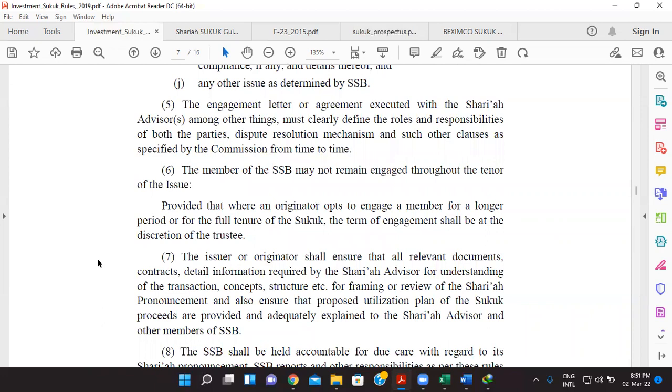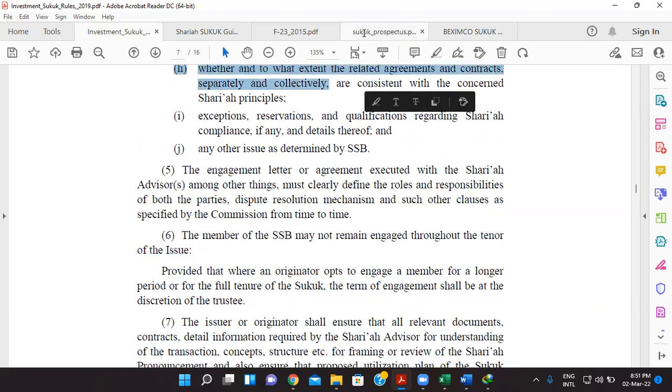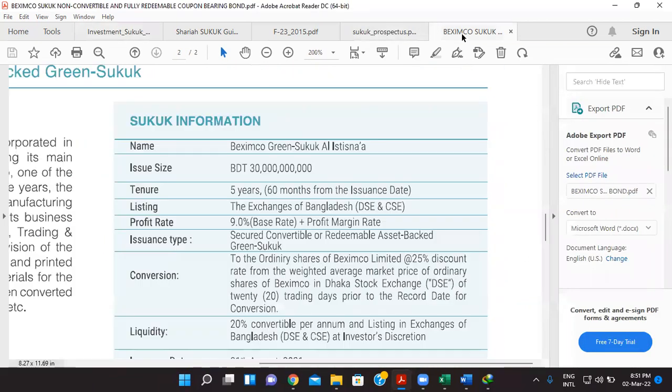It is not necessary the Sharia Supervisory Board member will continue their engagement with the Sharia Supervisory Board up to the tenure of the sukuk. It is the tenure, but which period is it actually indicating? Let me take you to this part. Okay, it is the Beksimko sukuk.